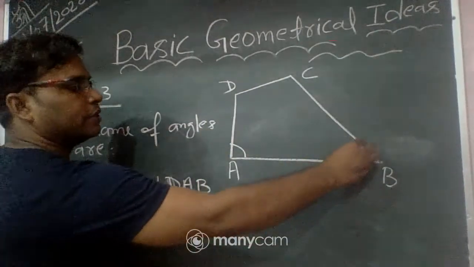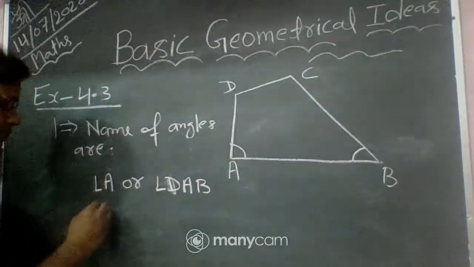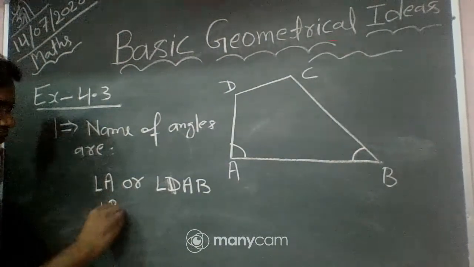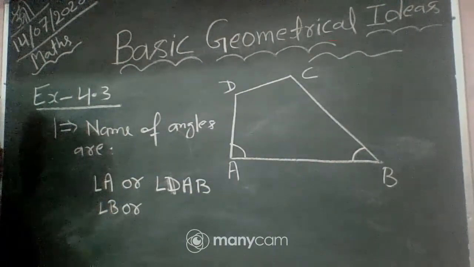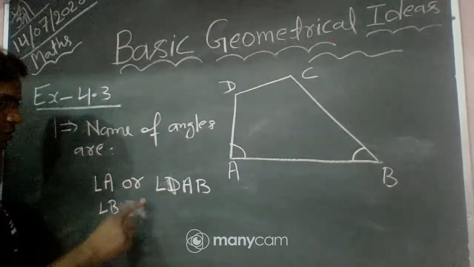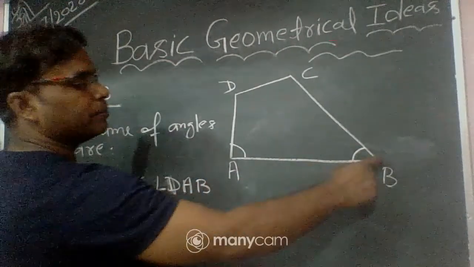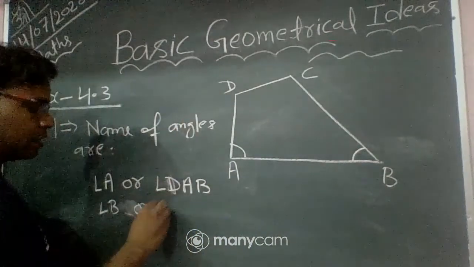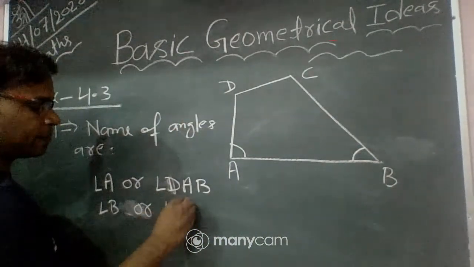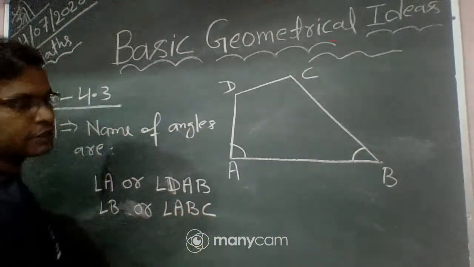This is angle B. Simply you can say this is angle B, or you can say angle ABC.